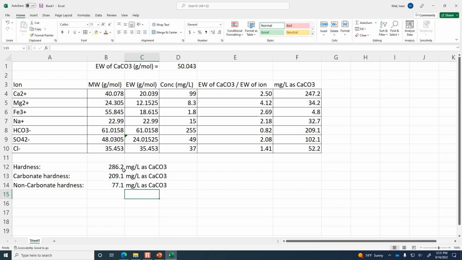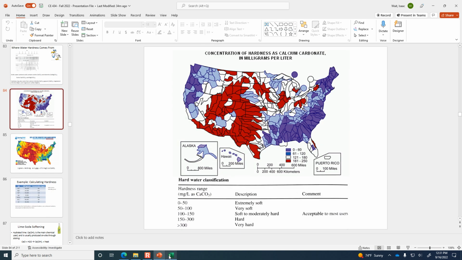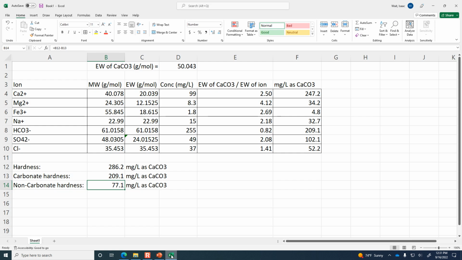And if we took out the carbonate but left the non-carbonate hardness in, then that would put us in the very soft range.